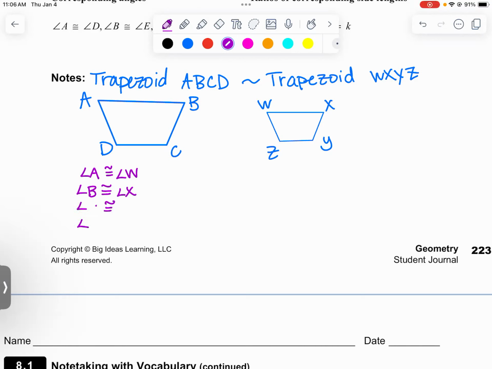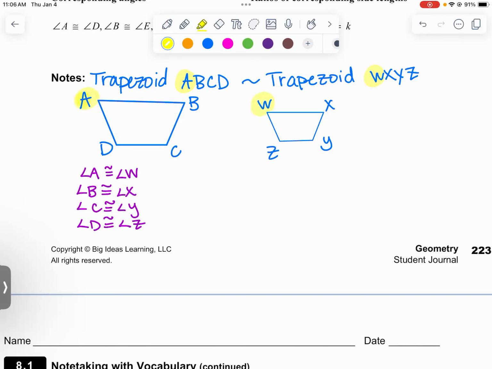C and Y. Okay, and then D and Z are congruent. Okay, since these two trapezoids are similar, then their corresponding angles are congruent. Now, keep in mind that A and W are going to correspond.